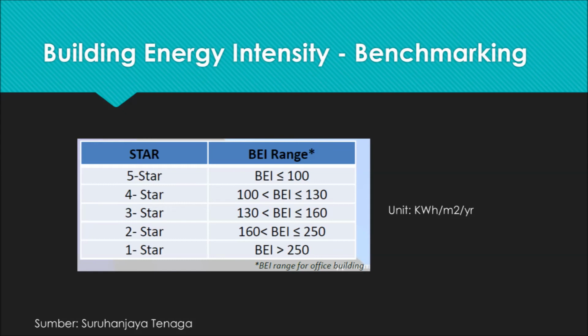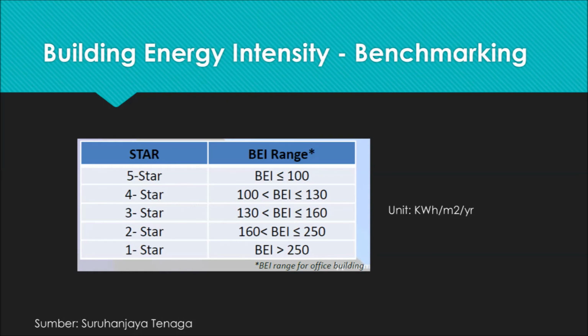They give 5-star for buildings whose energy intensity is less than 100 kilowatt hour per meter square per year, and the star goes down as the amount of energy used per square meter increases. So if you have, let's say, BEI of 300, you will get just 1 star.